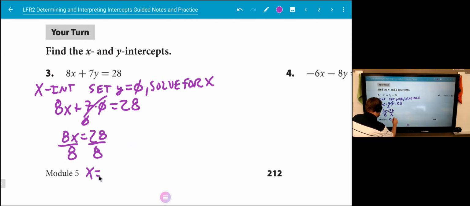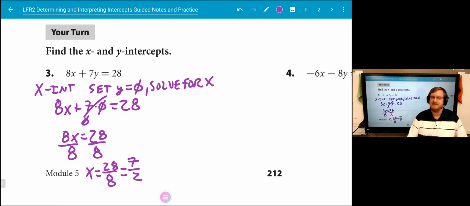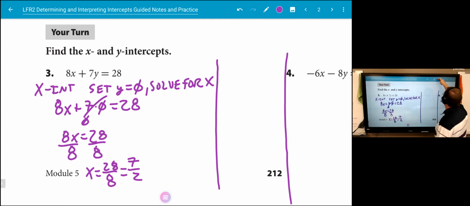X equals 28 over 8. I can simplify that. I can divide both top and bottom by 4. And I get 7 halves. Notice how I didn't take that and make that a mixed number or a decimal. 7 halves.